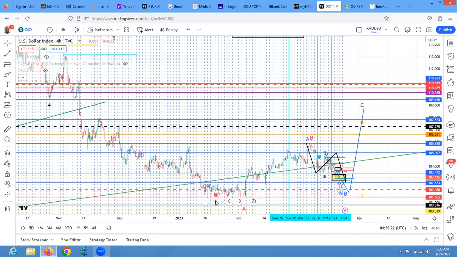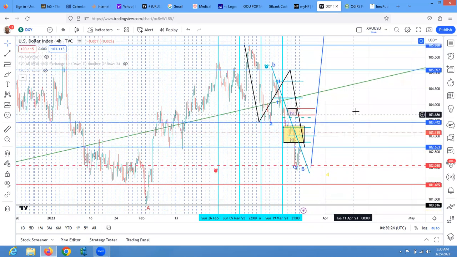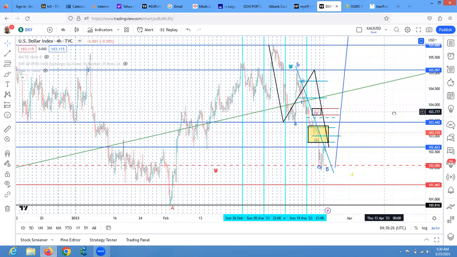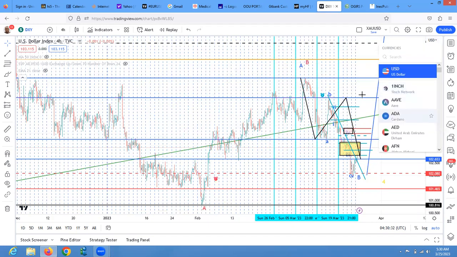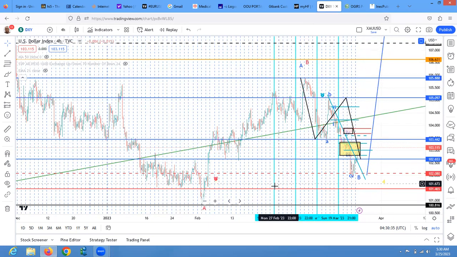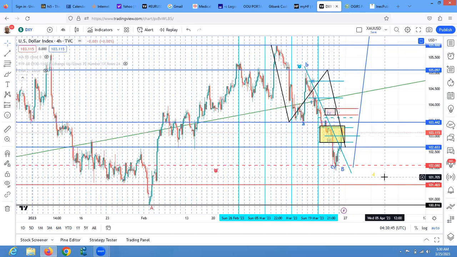Now, the way I explained Euro USD the other time, let's come back to this one. Now, this is what we think we want to correct to the downside, this move.